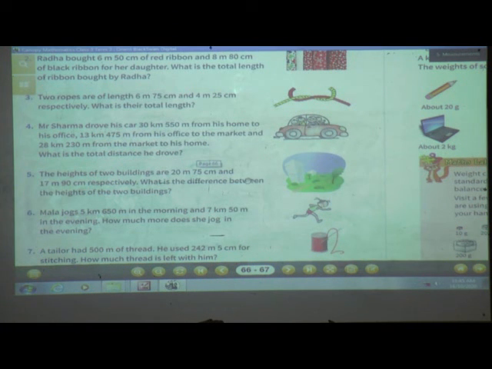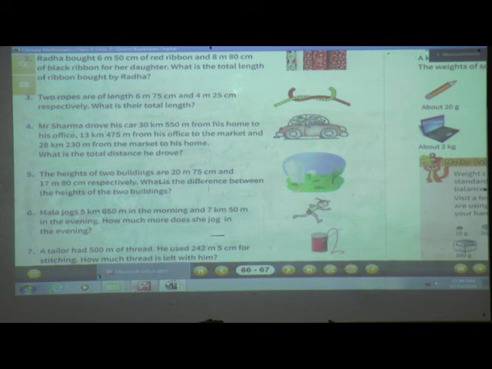So in this way he traveled some distance and that distance we have to find out. So here we have to find out the total distance driven by Mr. Sharma.